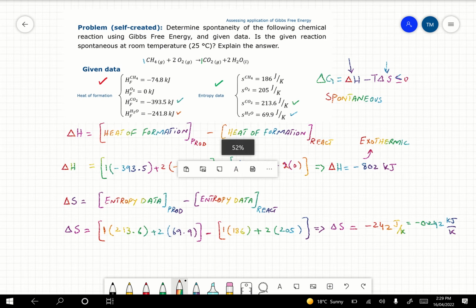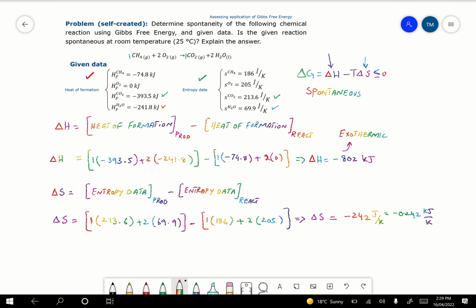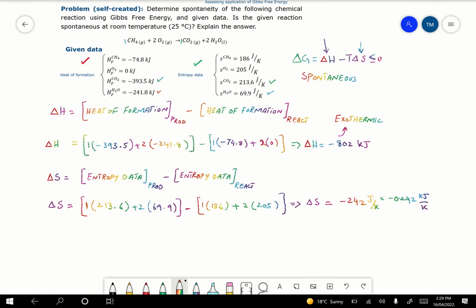Now the entropy change is negative, that means entropy is decreasing. If entropy is decreasing, that means process is not spontaneous, right?